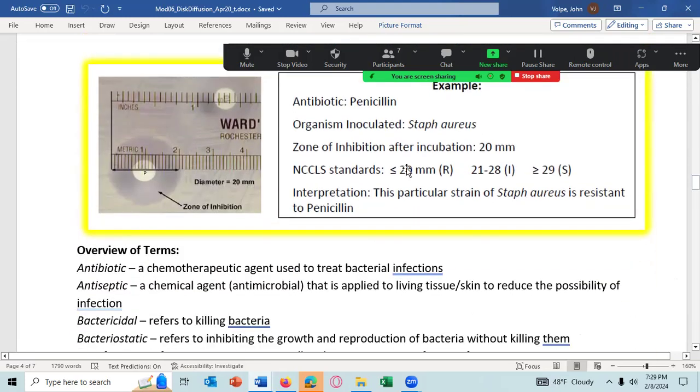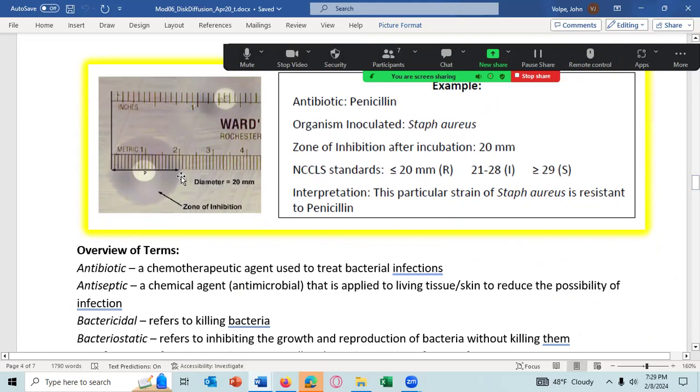For example, here we're looking at the bacteria Staphylococcus aureus. Growing here is white. There's the disc containing the antibiotic penicillin, that's penicillin G. And we have a zone of inhibition here, and that's about 20 millimeters.